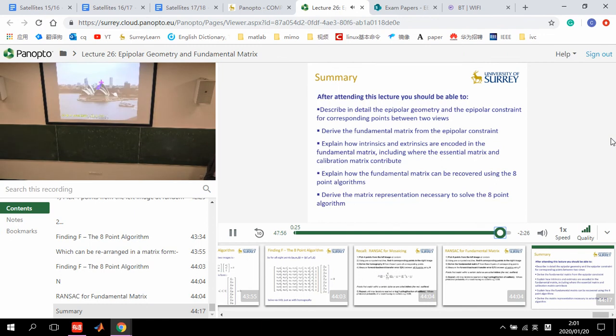Easy estimation: take the 8-point samples, construct a matrix, take the SVD, and the elements of F come from the last column of V. This is the 8-point algorithm.